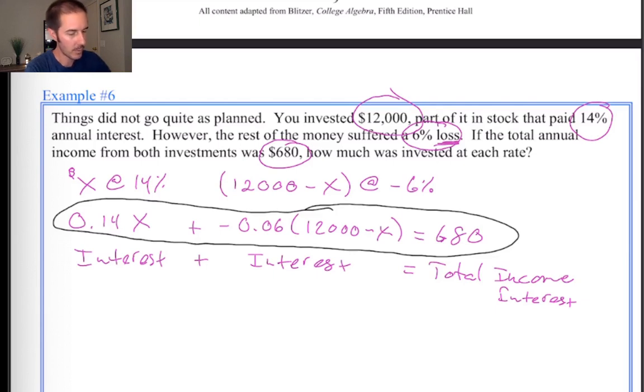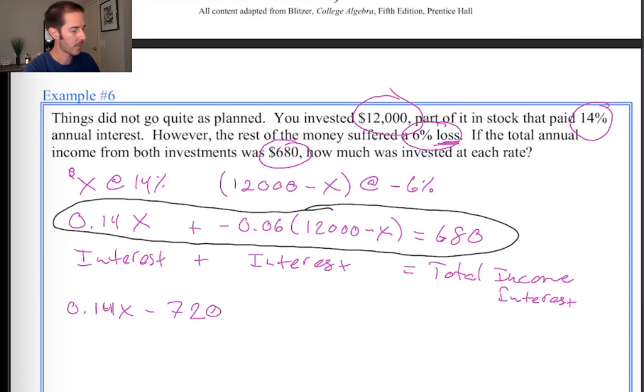so let's distribute. We're going to keep the 0.14x. And now we're adding a negative 0.06 times 12,000, which is 72 with 1 0 after it, but it's negative. So that's negative 720. I can already tell I'm going to need a calculator again.